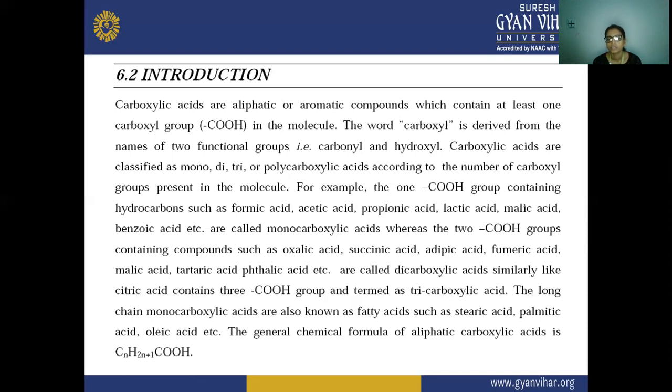If one COOH functional group is present in these compounds or in these hydrocarbons, then they are your monocarboxylic acid. So these are your formic acid, acetic acid, then your propanoic acid.